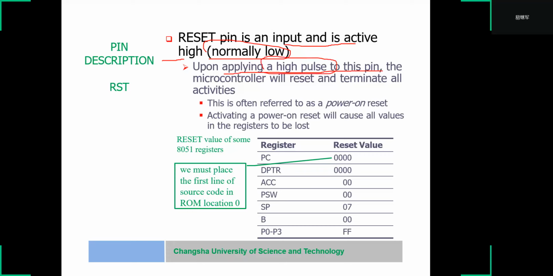EA, external access, is an input pin that must be connected to VCC or GND. The 8051 family members all come with on-chip ROM to store programs. When EA is connected to VCC, it uses the on-chip ROM.